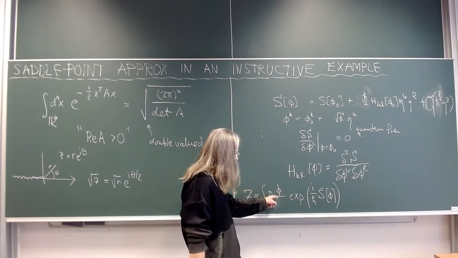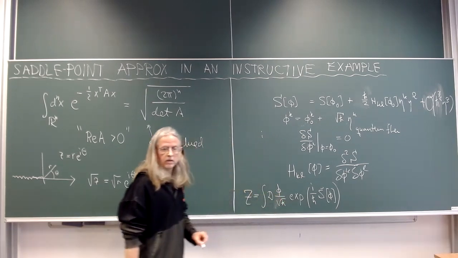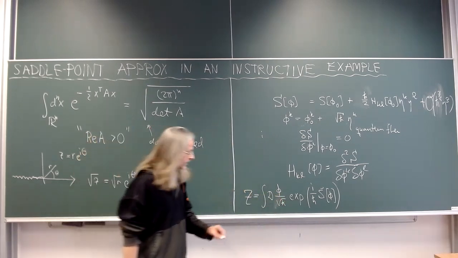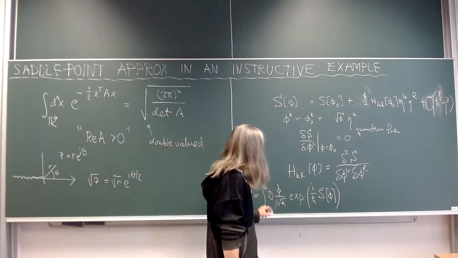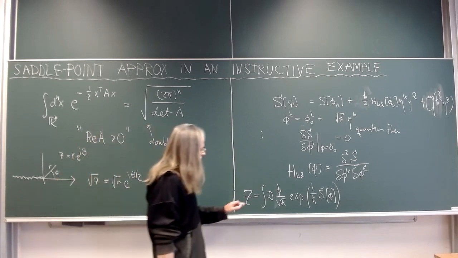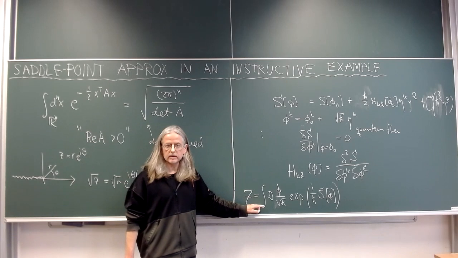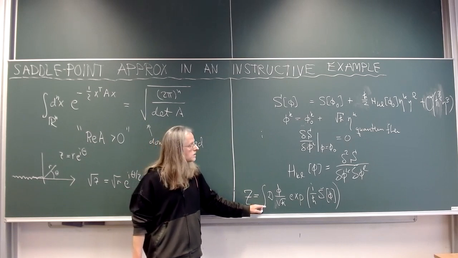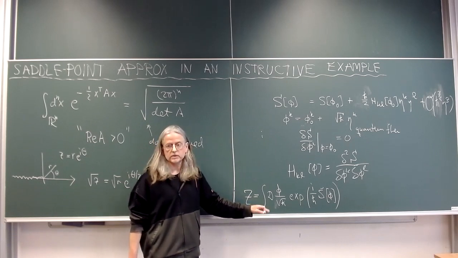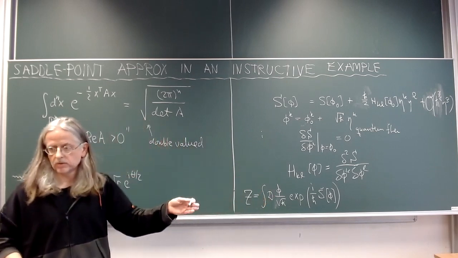Inside the measure of the path integral, I will put in the square root of h bar here. And the point is that we would now like to evaluate this path integral in the limit where h bar becomes very small, like the classical, semi-classical limit of this path integral.